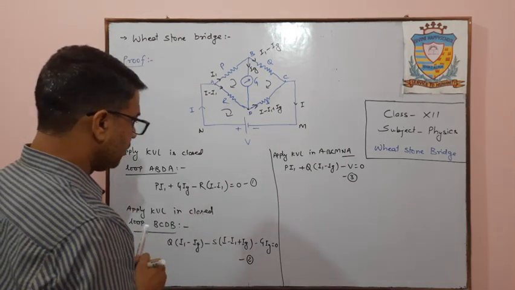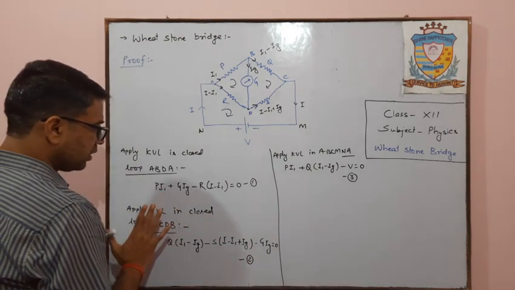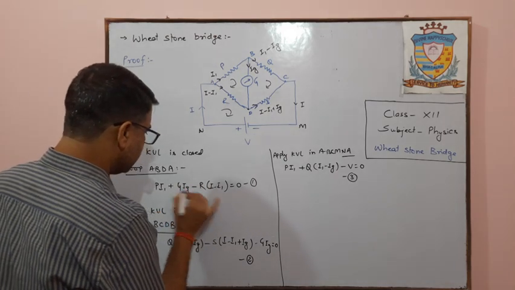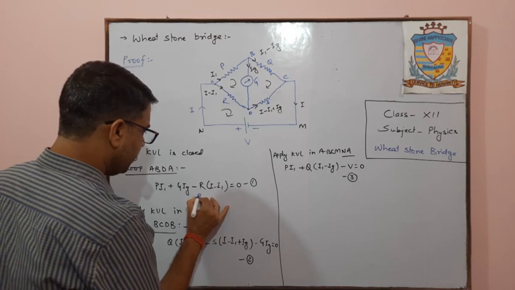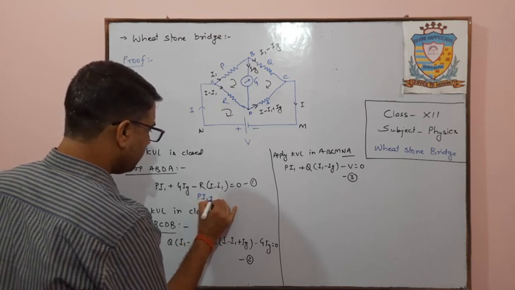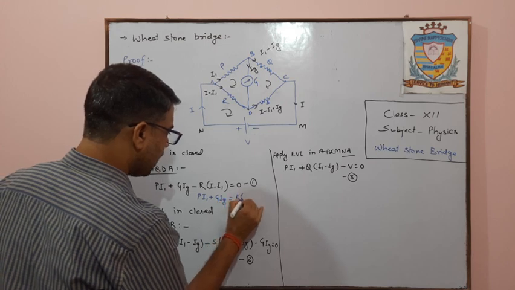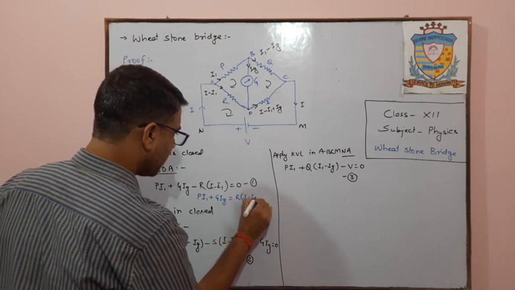Now we'll try to first simplify it. So here it can be written as P I1 plus G Ig is equals to R(I minus I1).